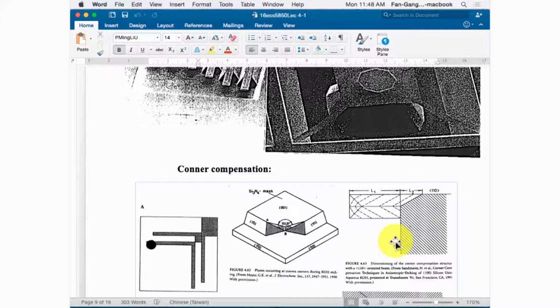You want a 100 micron final etching depth, so you will end up designing about 200 micron for the width of the corner compensation structure. This is the fundamental idea. But the corner compensation structure is not easy to design, actually. Different etchants have different behavior.